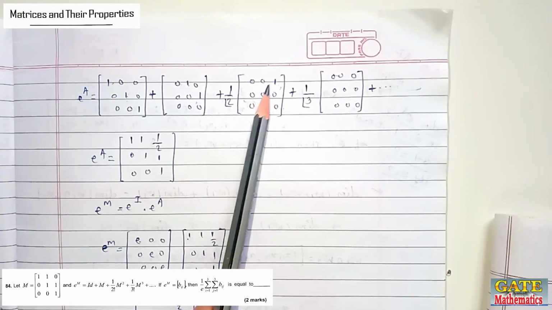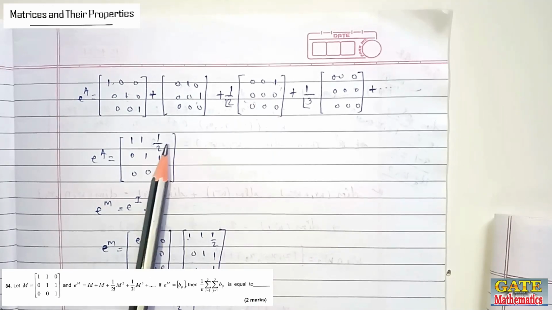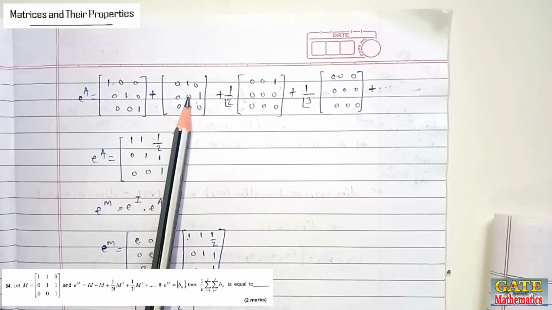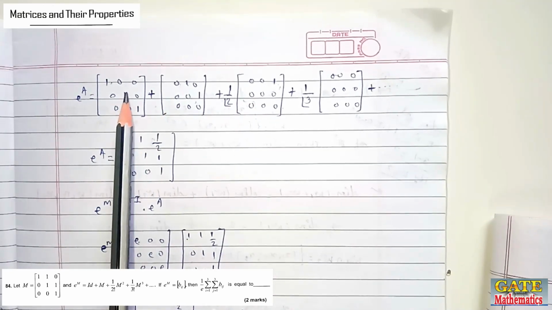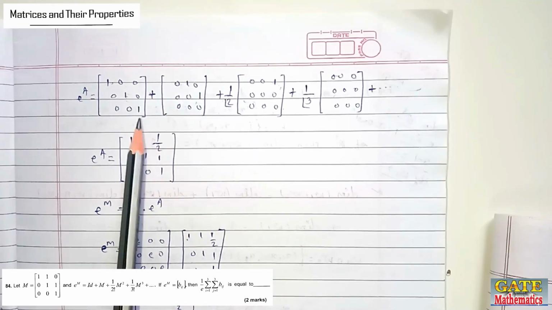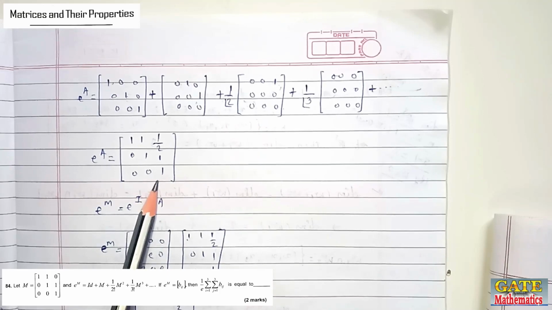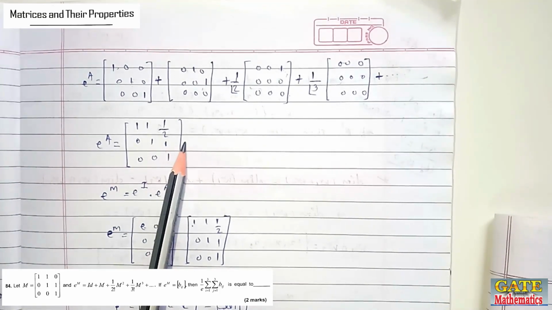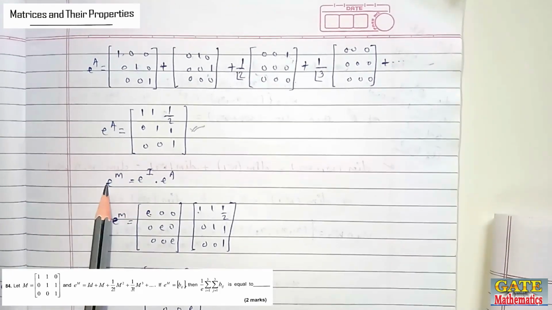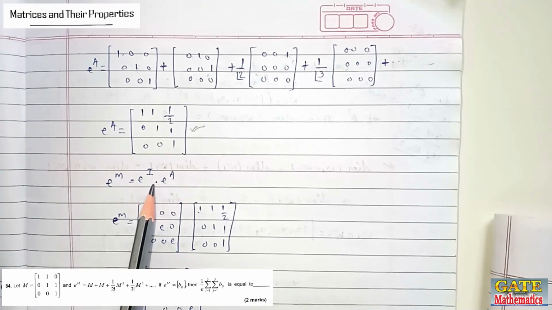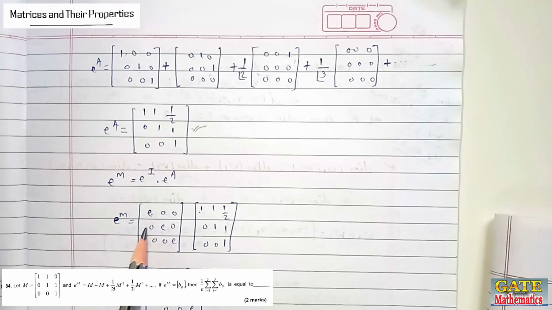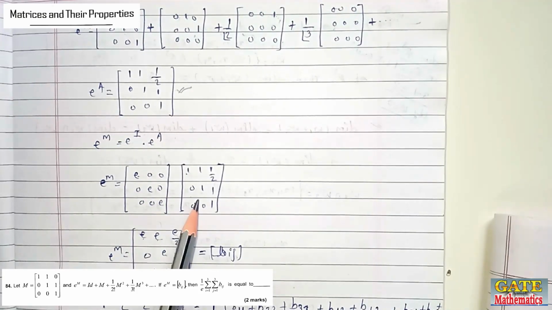So 1 means here 1 by 2 factorial, that means 1 by 2. 0 plus 0 plus 0, all 0, again 1 plus 0 plus 0 is 0, 1 plus 0 is 1, again 0 0 1. So I got the e raised to A matrix this way. So I got e raised to M as e raised to identity times e raised to A. Now put e raised to identity this way, and e raised to A here.